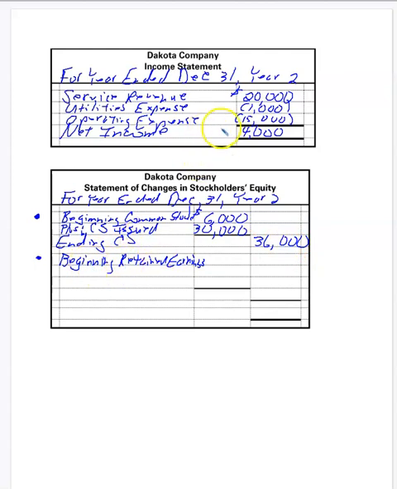Retained earnings, recall it goes up for net income, so we're going to put plus net income, and it goes down when we have dividends. Less dividends. So you're going to need to memorize the format of these financial statements so that you can write them out.